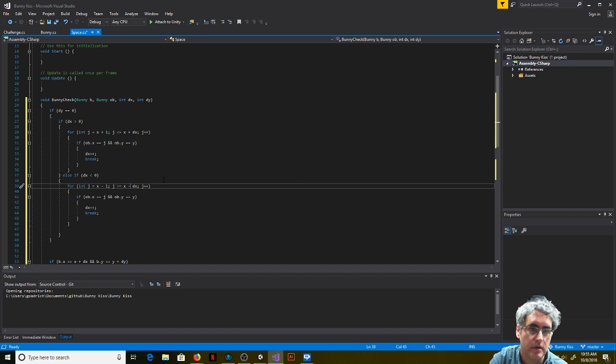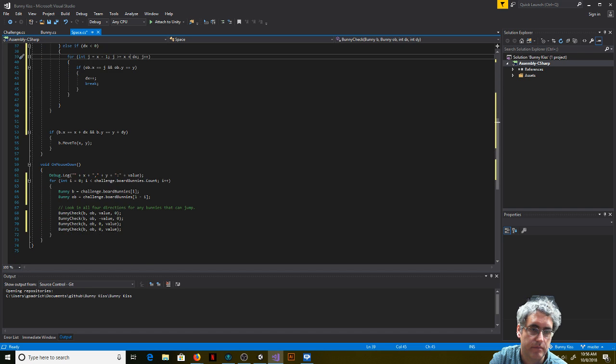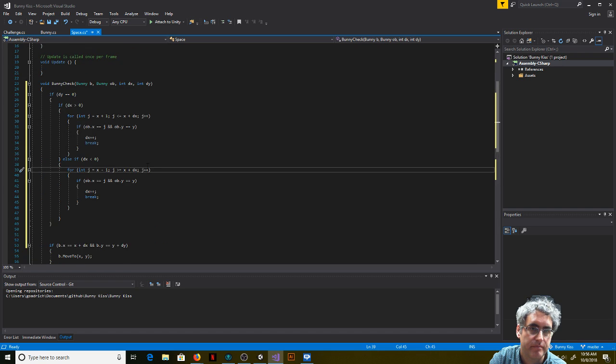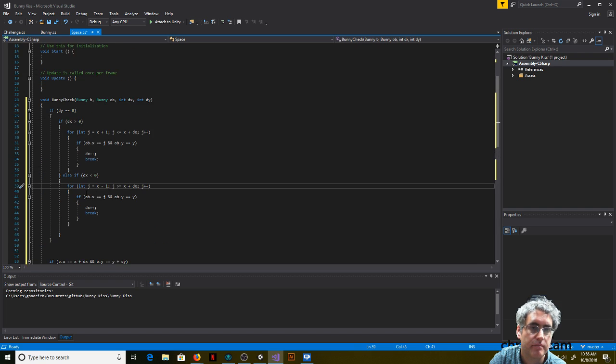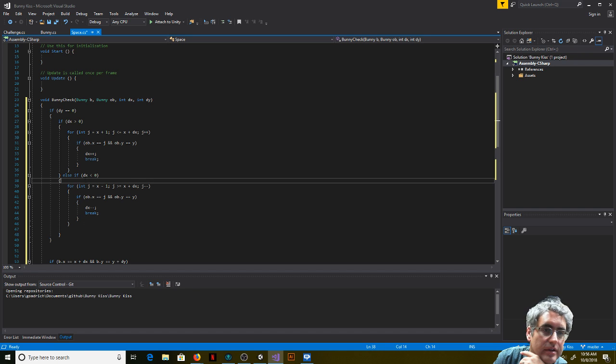X minus d. That's negative down here, isn't it? And this has to be j minus minus. And this has to be minus minus. Oh, there's a pain in the ass. What is this?